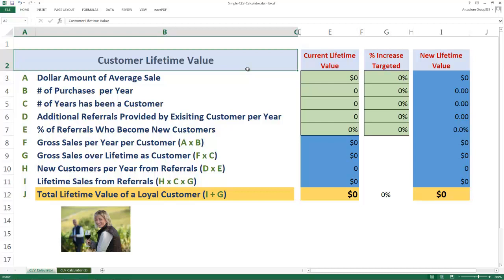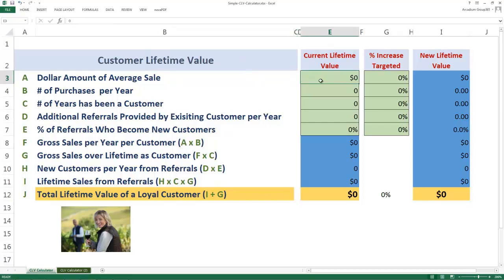All right, I'm back now, and we've got the simple customer lifetime value calculator spreadsheet up on the screen. What we're going to be doing is filling in the green boxes with information about your customers, clients, or patients, if you're a doctor, chiropractor, dentist, things like that. Or perhaps if you're a consultant or coach, you could use this calculator to help a client figure out their customer lifetime value as well.